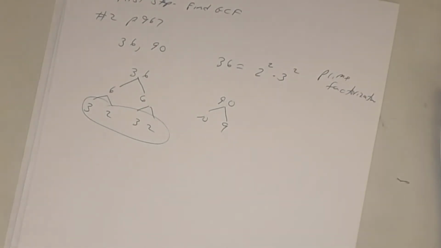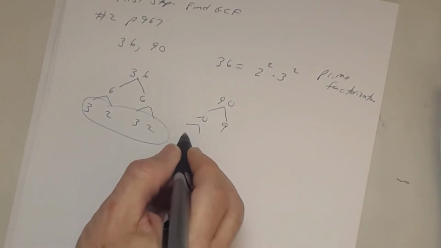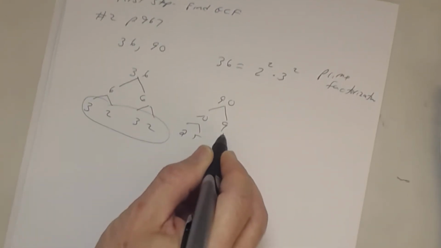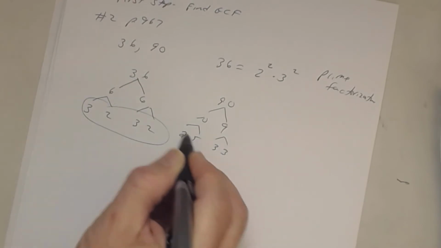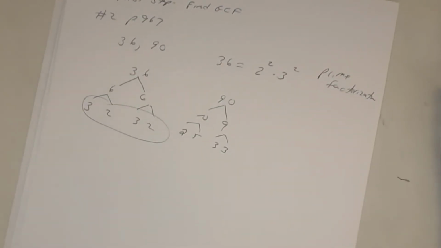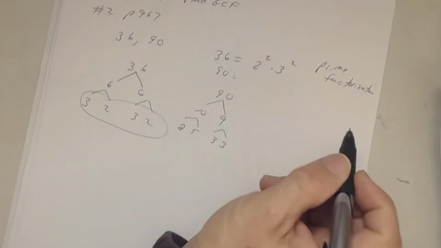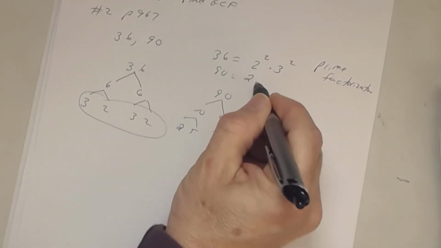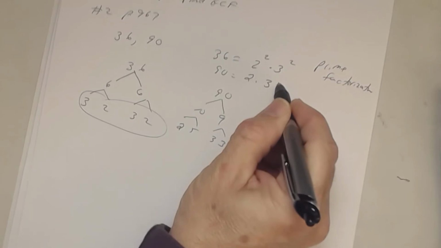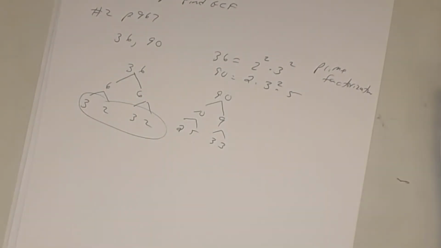No, they're composite, so I can break it down further. 10 is 2 times 5. 9 is 3 times 3. Can I go any further? Nope, because they're all prime now. So 90 is 2 times 3 squared times 5, right?